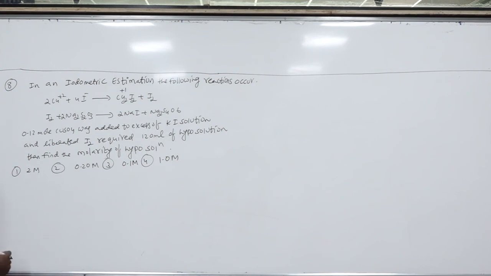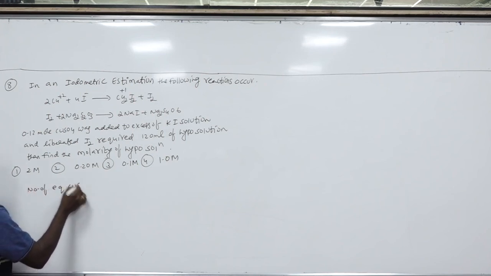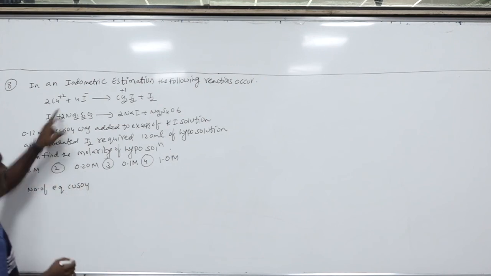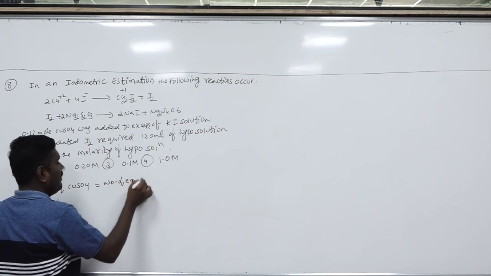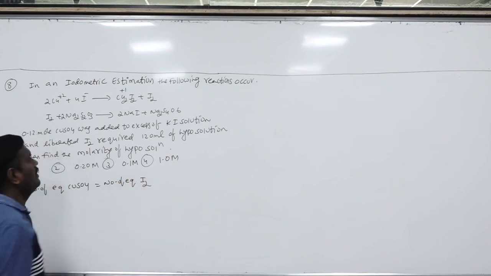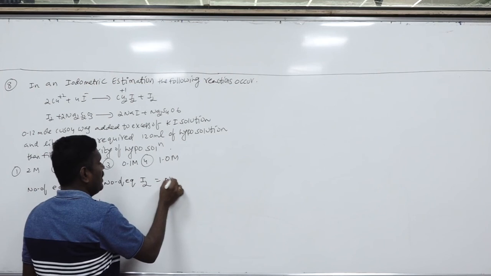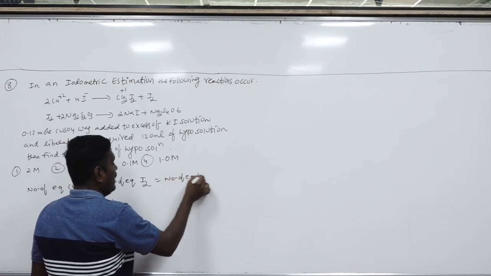Now from the law of chemical equivalence, the number of equivalents of copper sulfate or Cu2+ will be equal to the number of equivalents of I2 liberated, which will be equal to the number of equivalents of hypo required.